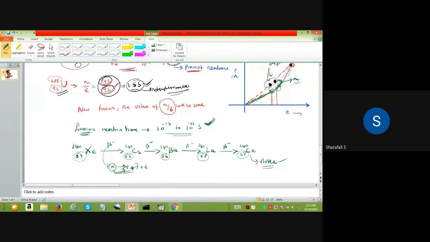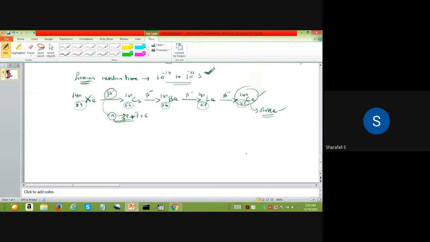Then still it is not stable, it will be somewhere in the intermediate position, and again it will release those excess neutrons in the form of negative beta decay, and it will increase the number of protons and come to that stability line. So after reaching cerium, Ce, this particular nucleus, and then this particular nucleus, that is stable, it will become stable.